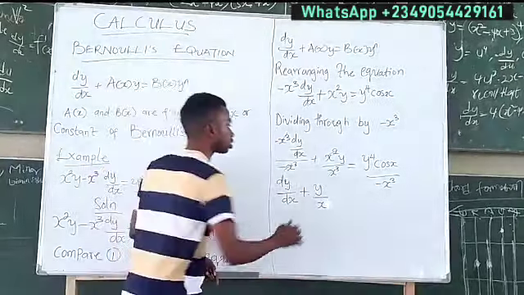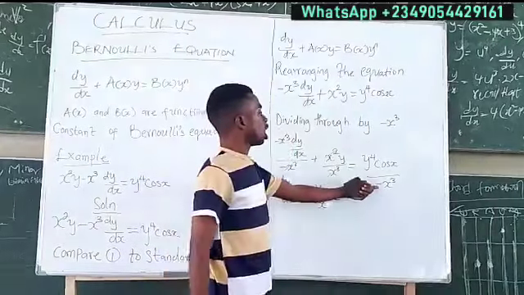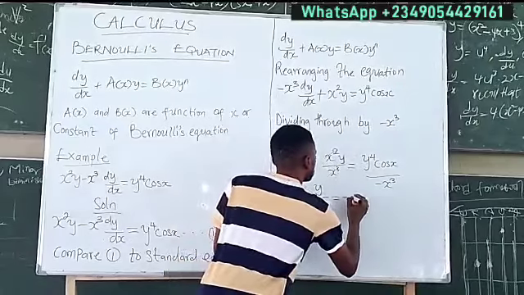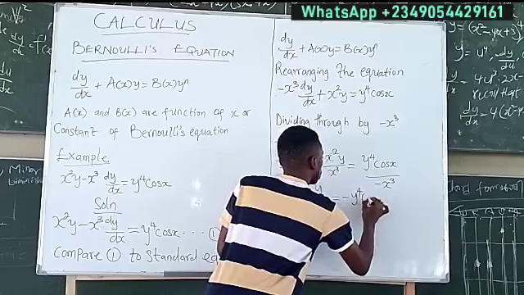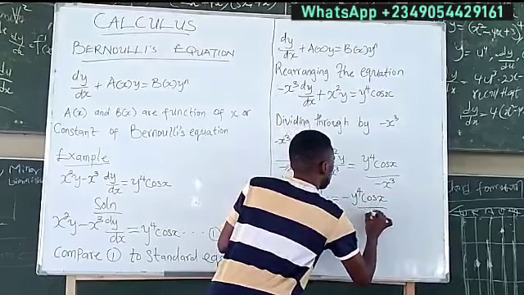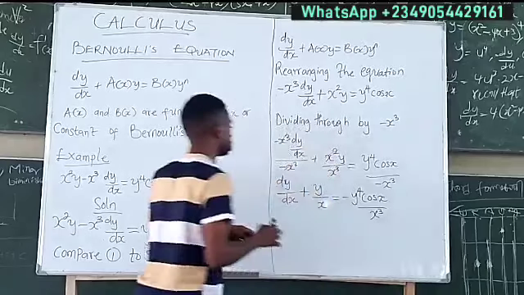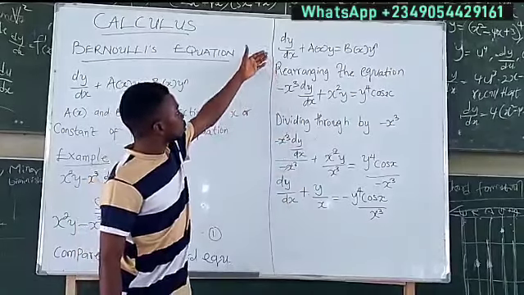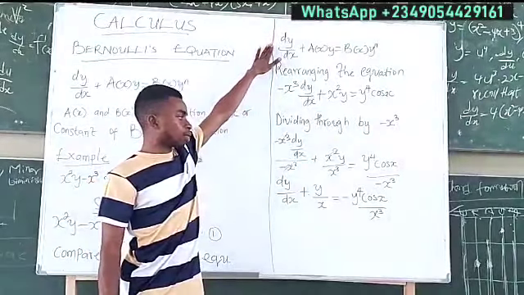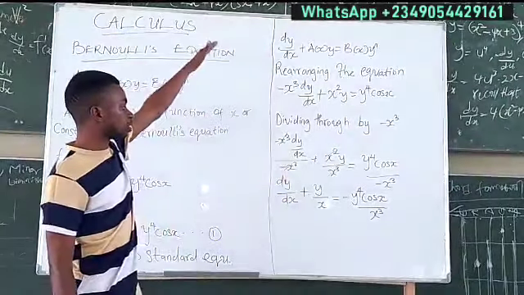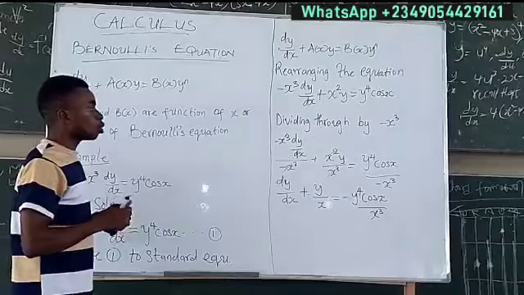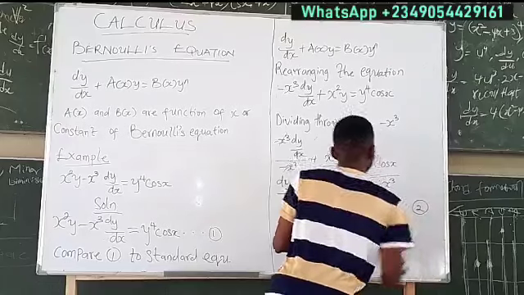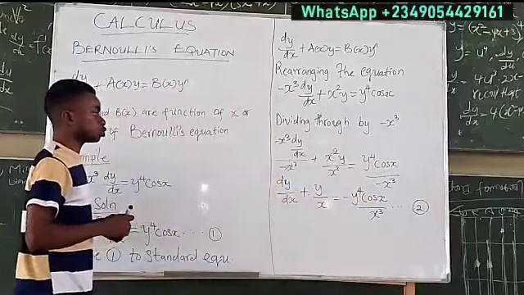Then for this part, the minus will come to the upper part, and it becomes minus y^4 plus x all over x^3. We can see that this equation is now looking like our standard equation. We can call this equation 2.